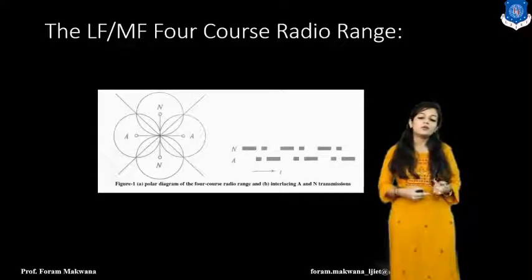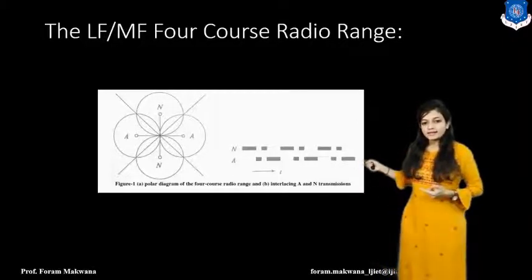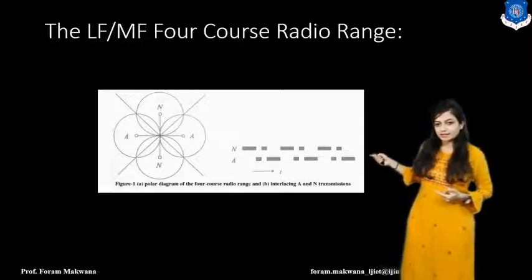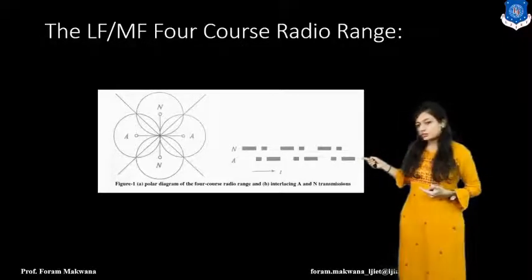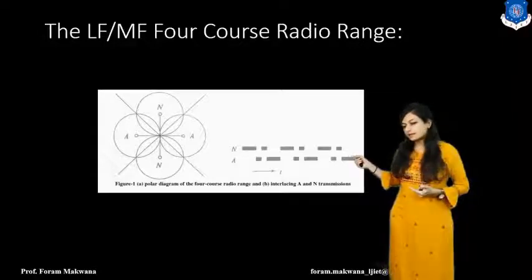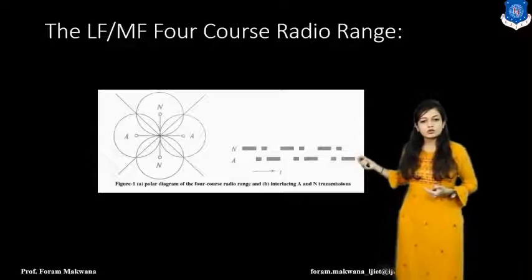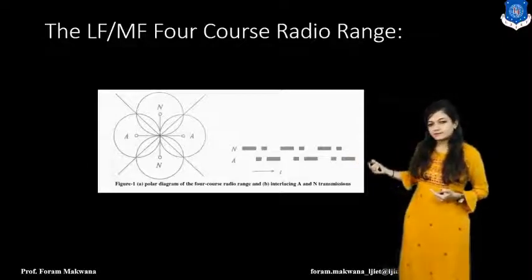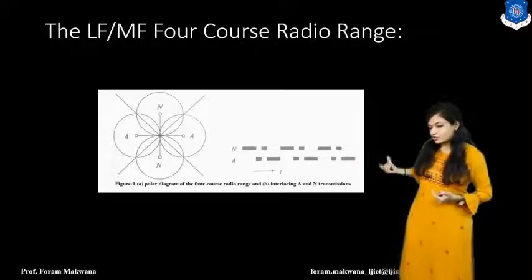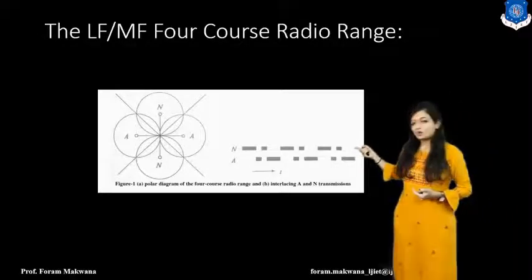How are we going to transmit the signal? In diagram B, for the N antenna, the signal is transmitted like dash, then a small gap, then dot, gap, dash, dot, dash and dot.